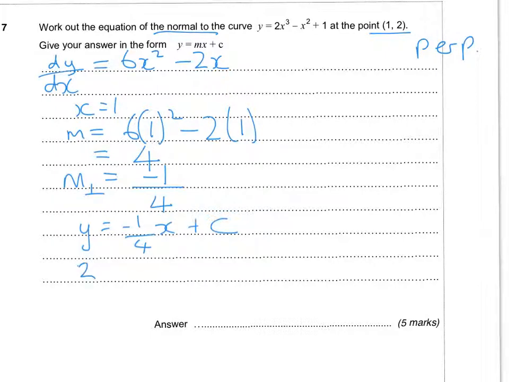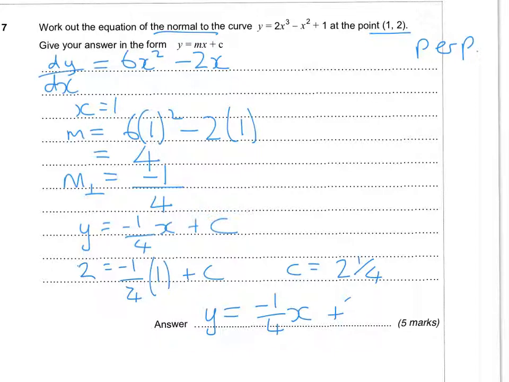So 2 equals negative 1 quarter times 1 plus c. c must be equal to 2 and 1 quarter, so y equals negative 1 quarter x plus 2 and 1 quarter.